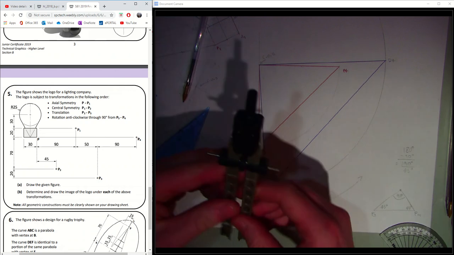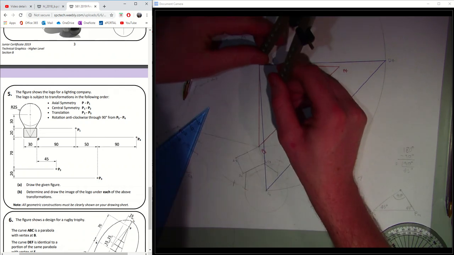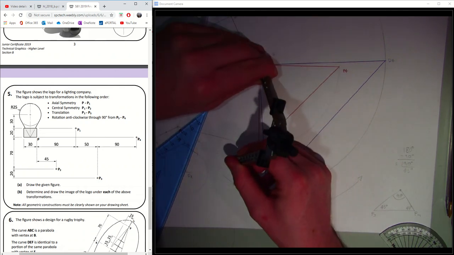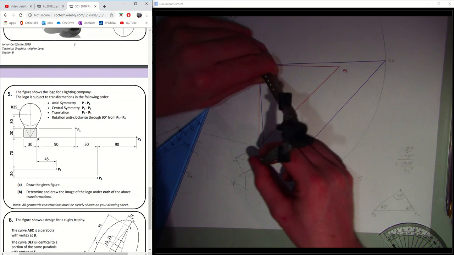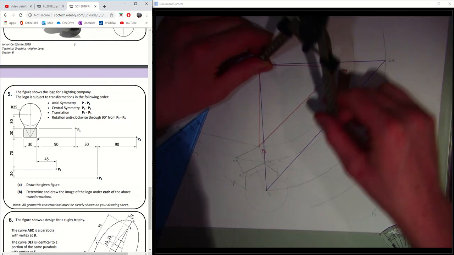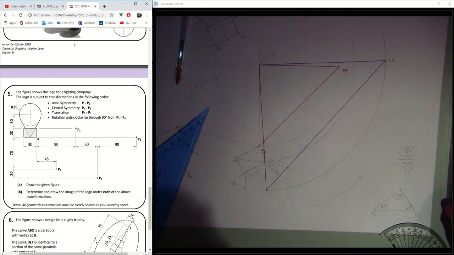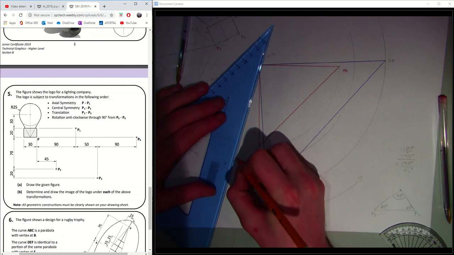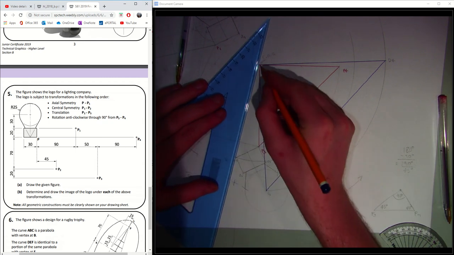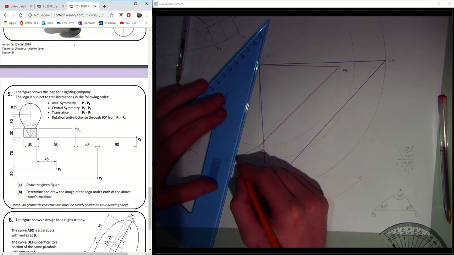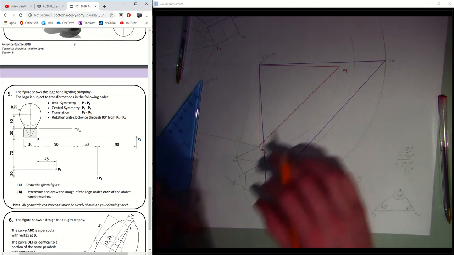You're going to continue that for the rest of them, so I'm going to take point A3 this time, and I want to rotate it. I'm going to join A3 to my center of rotation, and I want to create a similar triangle to these.